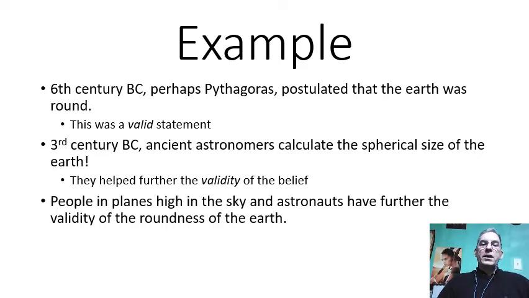If you've ever been in an airplane way up in the sky on a very clear day with no cloud cover, you can actually see the curvature of the Earth from that height. And we know, of course, astronauts out in space have certainly validated the spherical shape of the Earth. All of these things prove beyond a shadow of a doubt that we live on a big round ball.